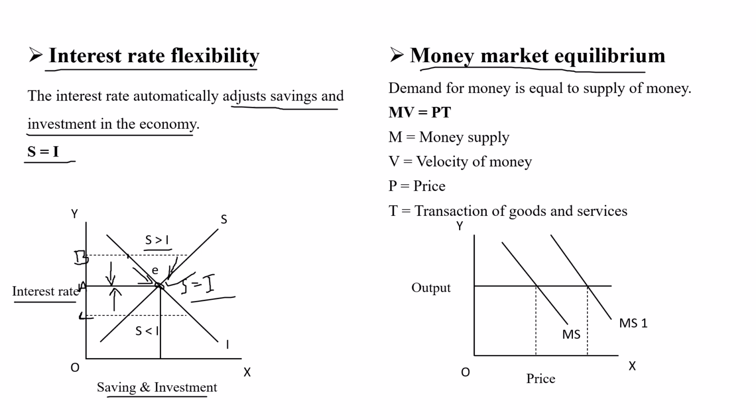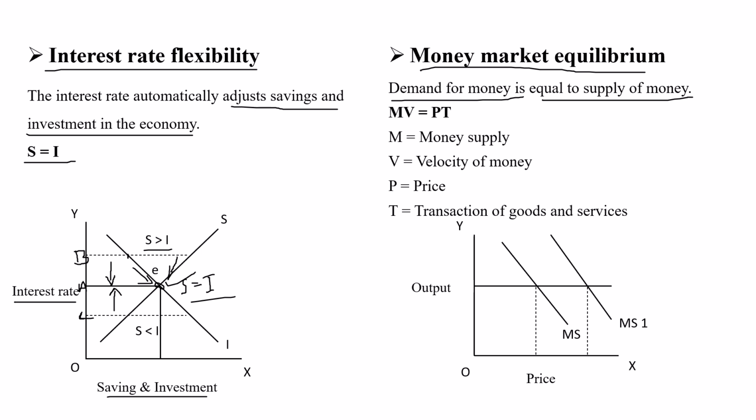In the quantity theory of money, as per the classical economists, the demand for money is equal to the supply of money.